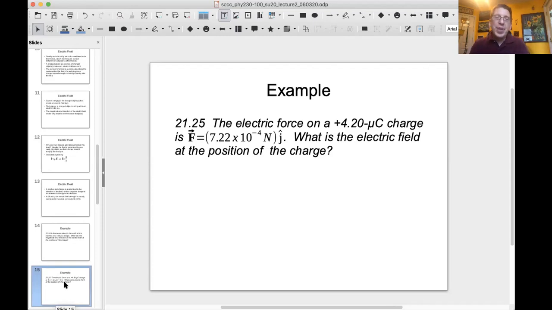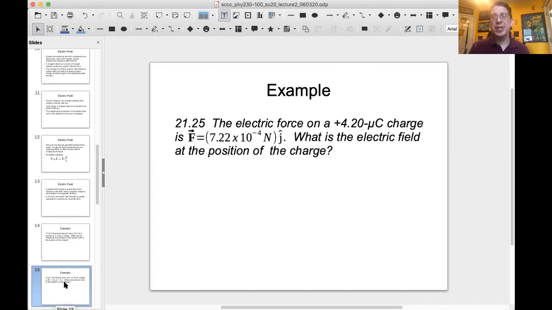And so if you define the x-axis as to the right, a positive i hat would mean it points to the right, and negative i hat would mean it points to the left, and so on like that.